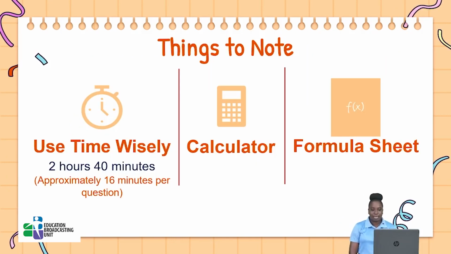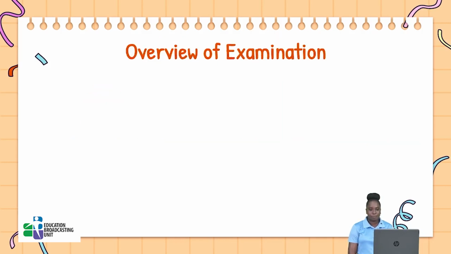As you go through the examination, be mindful of the time, as you will only have about 16 minutes per question. So use your time wisely. Calculators are permitted on this exam, and a formula sheet is provided. This exam is worth 50% of your overall grade.